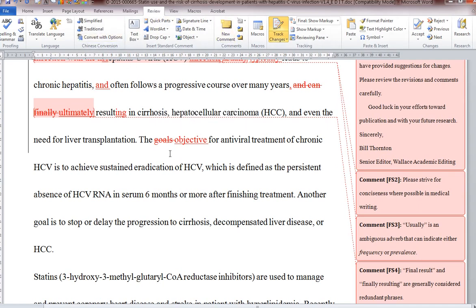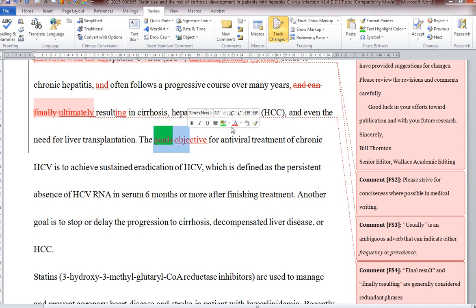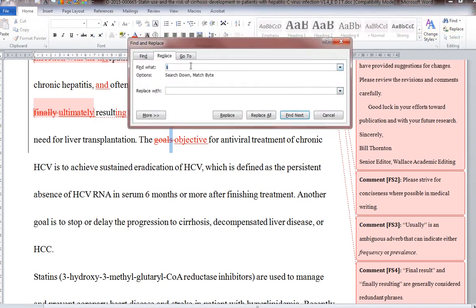In the editing process, to keep a flow, editing is much like writing. I will often highlight this so that I can come back to it later. What I want to do when I come back to it is make sure that every usage of goal is changed to objective. I'm going to go ahead and do that now, though. This is something we do in editing to make sure that the usage is consistent.